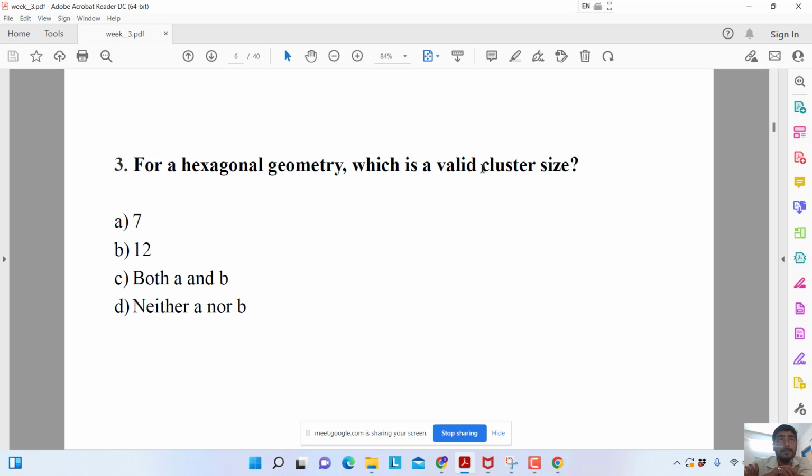Okay, now we'll start. The question is, for the hexagonal geometry, which is a valid cluster size.